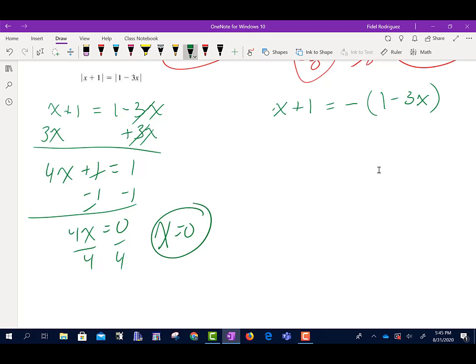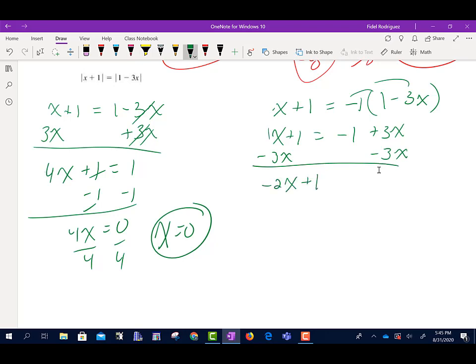Perfect. Okay, there's my first answer. This one over here, x plus 1 equals, let's distribute that negative 1, a negative 1 and a plus 3x. So if I say minus 3x on both sides, let's see, 1 minus 3x is a negative 2x plus 1 equals negative 1.